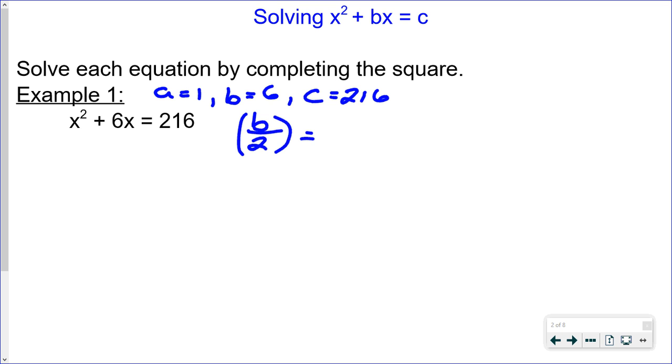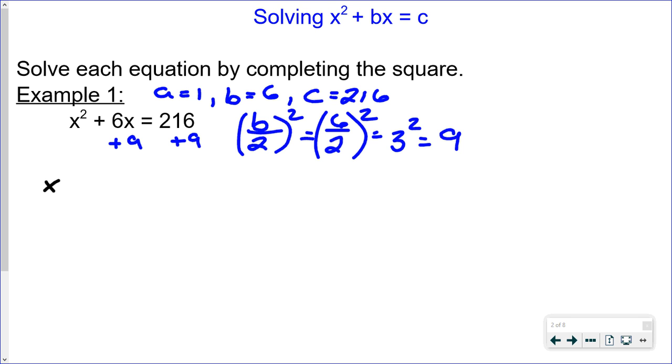And so that would be 6 over 2 to the second power, which is 3 to the second power, which is 9. So what we're going to do is add 9 to both sides of this equation. So plus 9, plus 9. And then what I'm going to end up with is x squared plus 6x plus 9 equals 225.